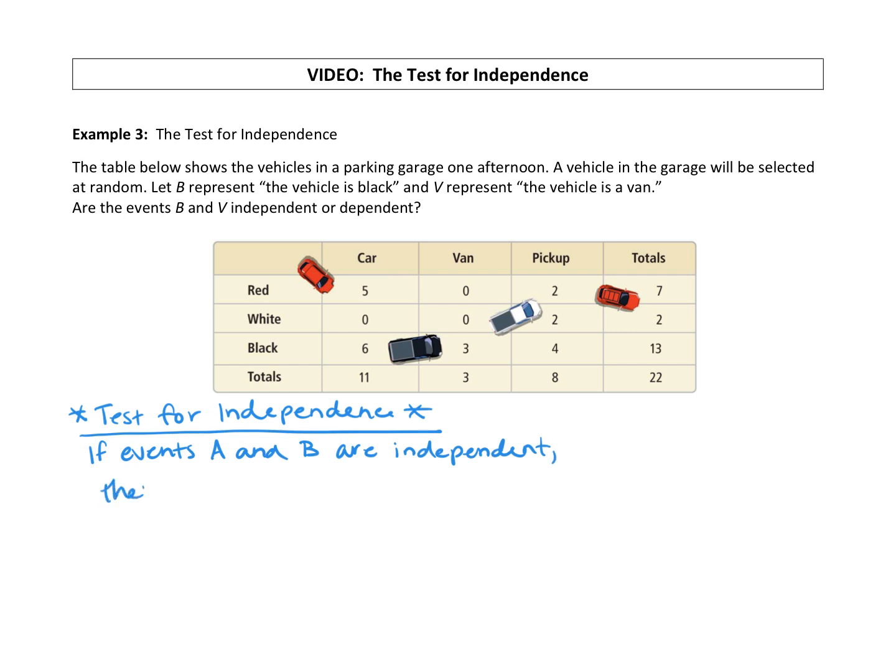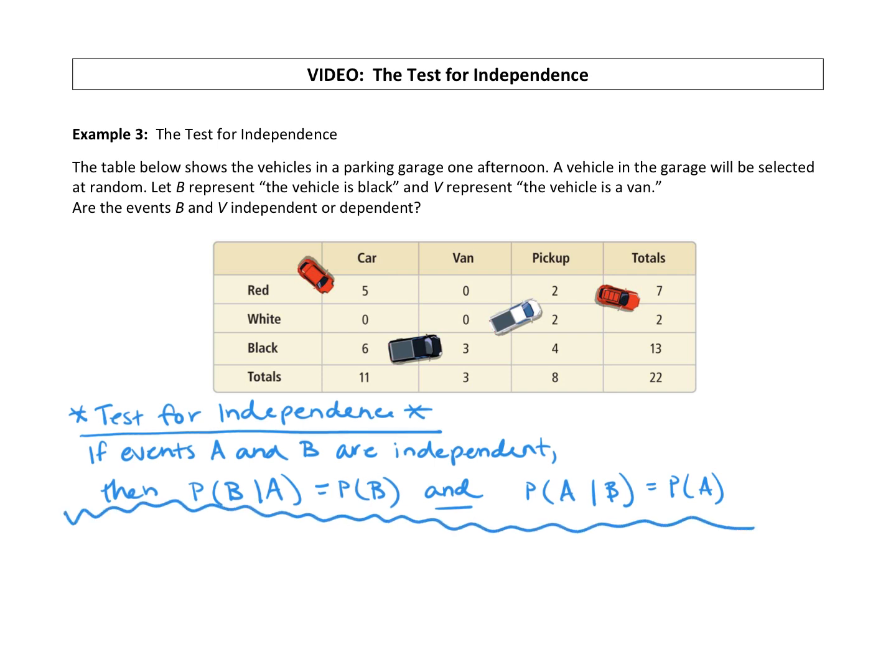Then the probability of B given A will be equal to the probability of B occurring, and also the probability of A given B will be equal to the probability of A occurring.